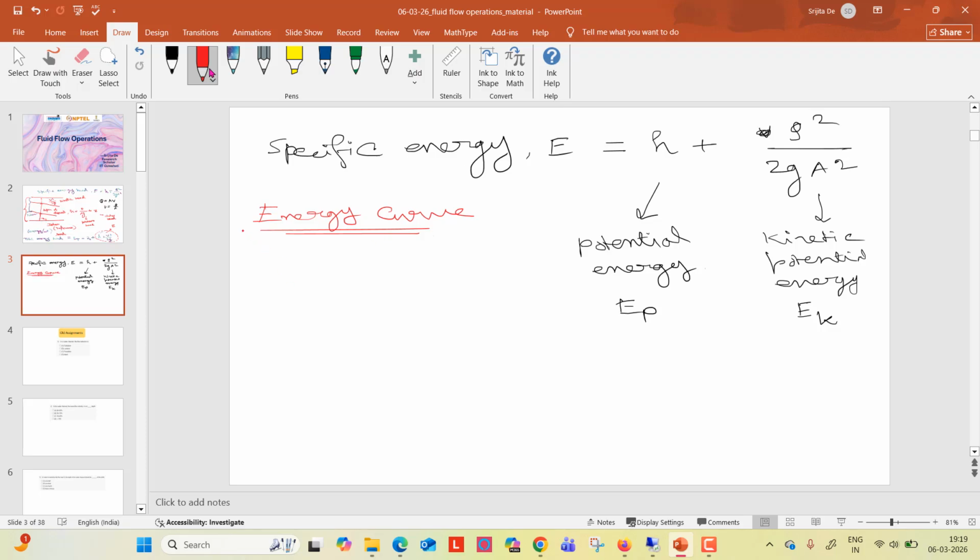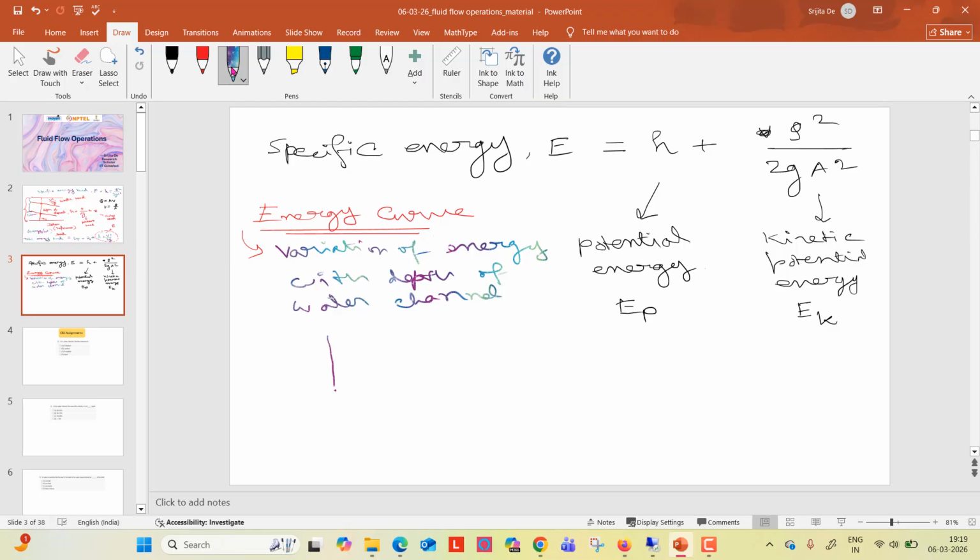What is the energy curve? This is nothing but the variation of energy with the depth of the water channel. Why? Because you can see that suppose this is our graph.